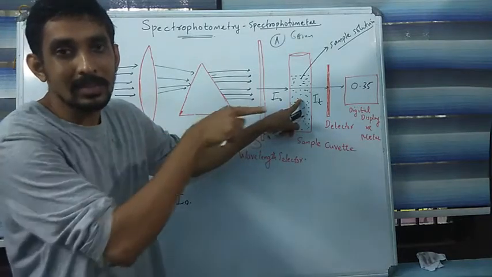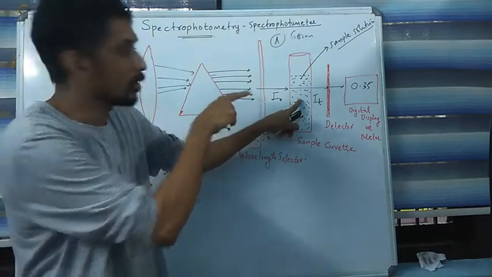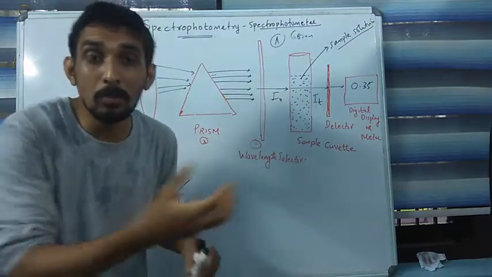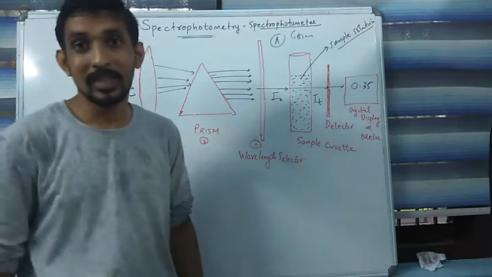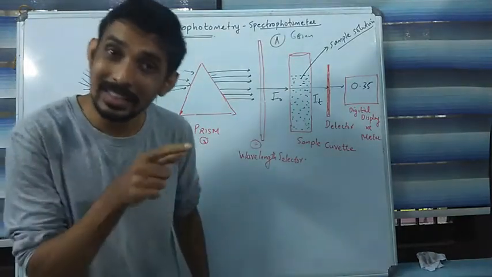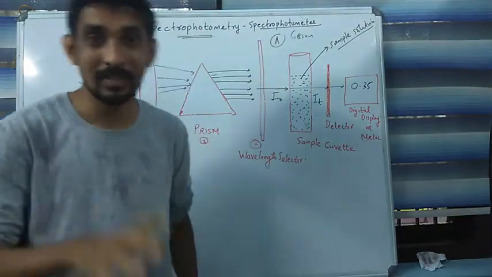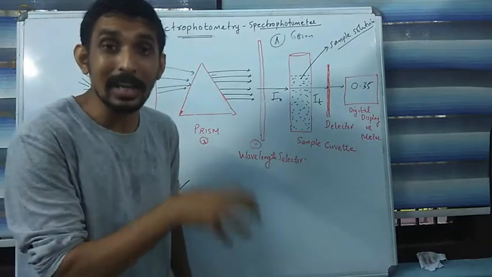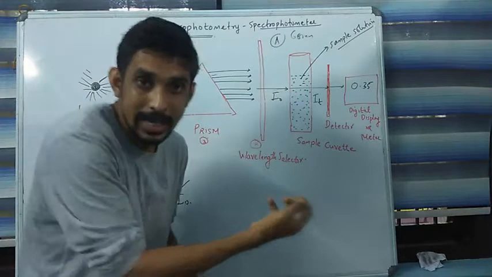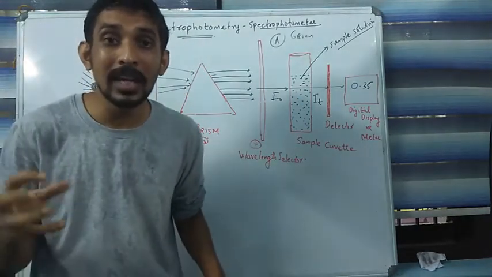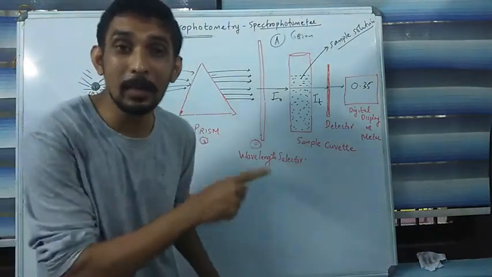While I am giving the 680 nanometer wavelength into this solution, more of that wavelength will be absorbed by particle A. It indicates that the particle is A, because only particle A can absorb 680 nanometers in more amount. So if this solution absorbs more of the 680 nanometer wavelength, it indicates that it is particle A.